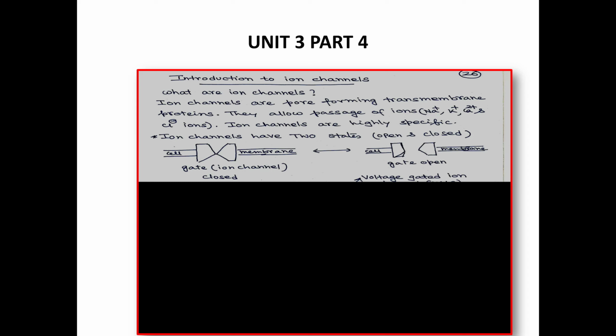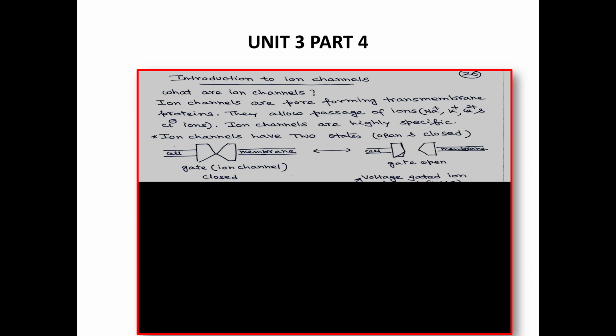These ion channels are proteins, and they are present in the cell membrane. So we are going to discuss some of these ion channels and the problems related to malfunctioning of ion channels, and the drugs in the syllabus targeting ion channels.